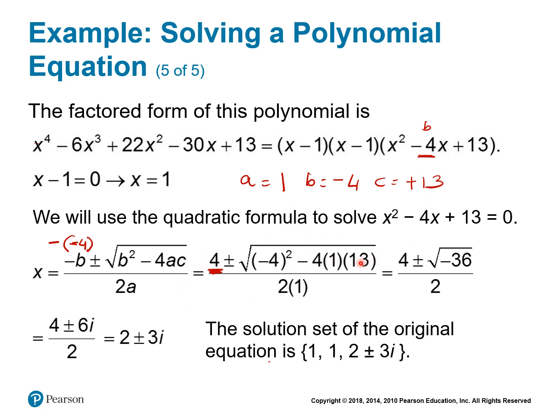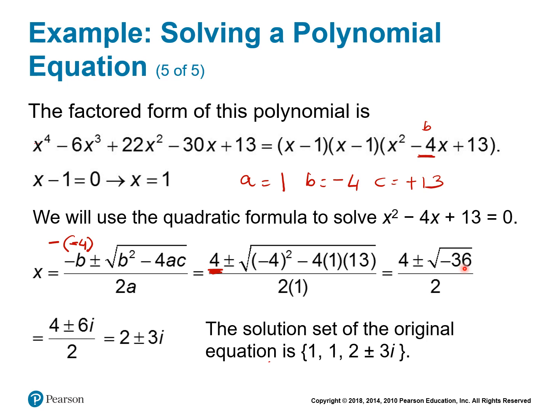So we have 13 here, divided by 2 times a being 1, so 2 times 1. So 4 plus minus the square root of 16 minus 13 times 4, which is 52. So 16 minus 52 is the square root of negative 36.